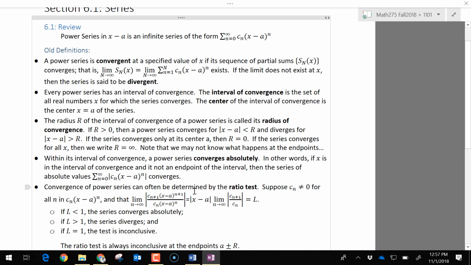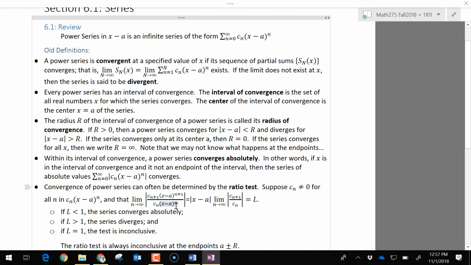Also in Calc 2, we learned a lot of different tests to determine if a particular series converges or diverges. Integral test, comparison test. But for us, we're going to stick with what's called the ratio test. The ratio test is basically taking the ratio of two consecutive elements in the series, so the n plus first term divided by the nth term.